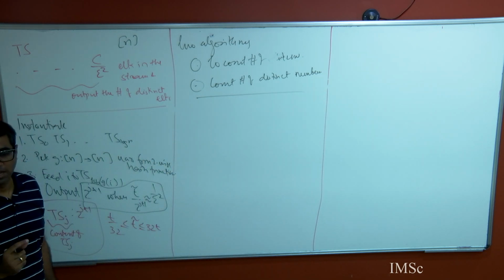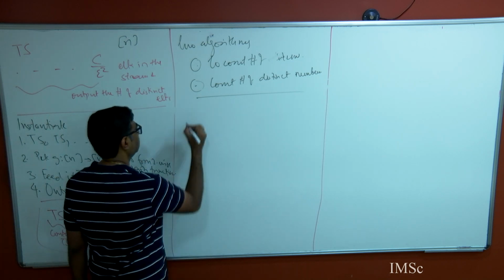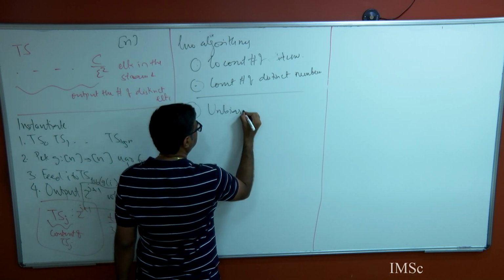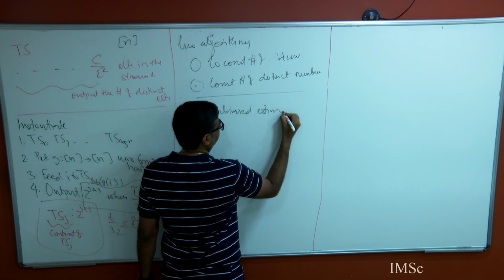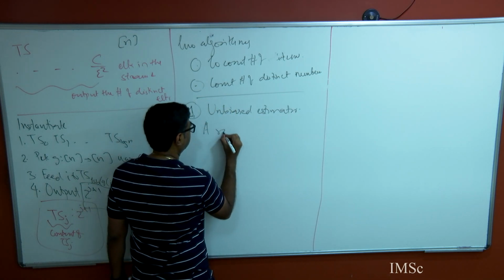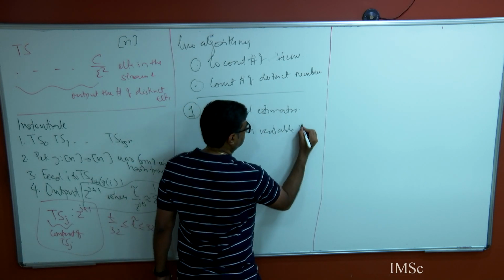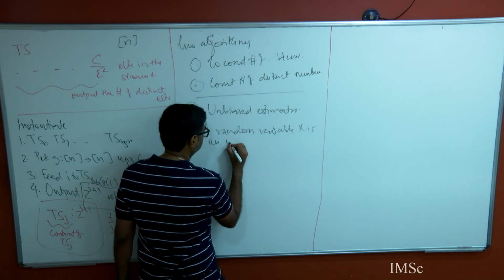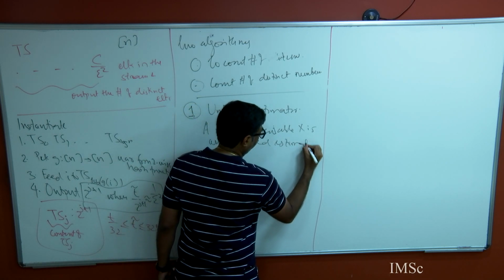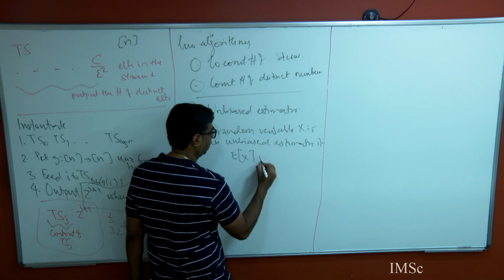We came up with an unbiased estimator. So what is an unbiased estimator? A random variable x is an unbiased estimator if the expectation of x is what you want.